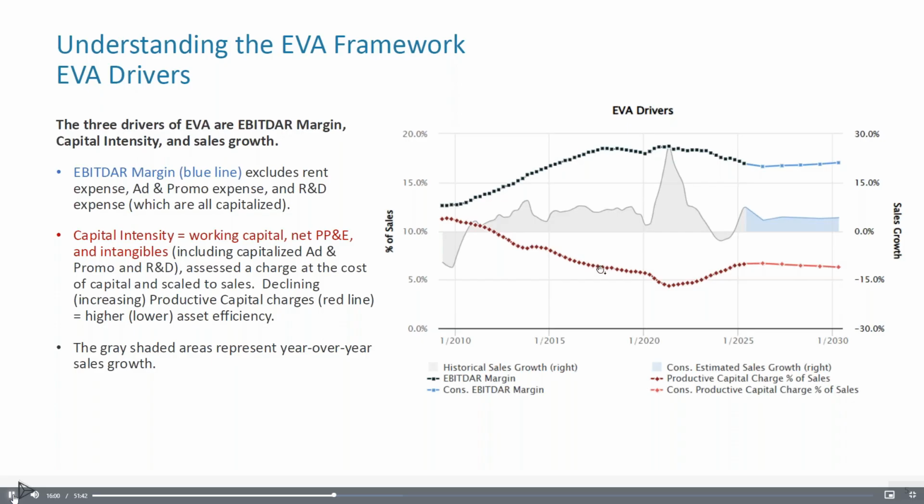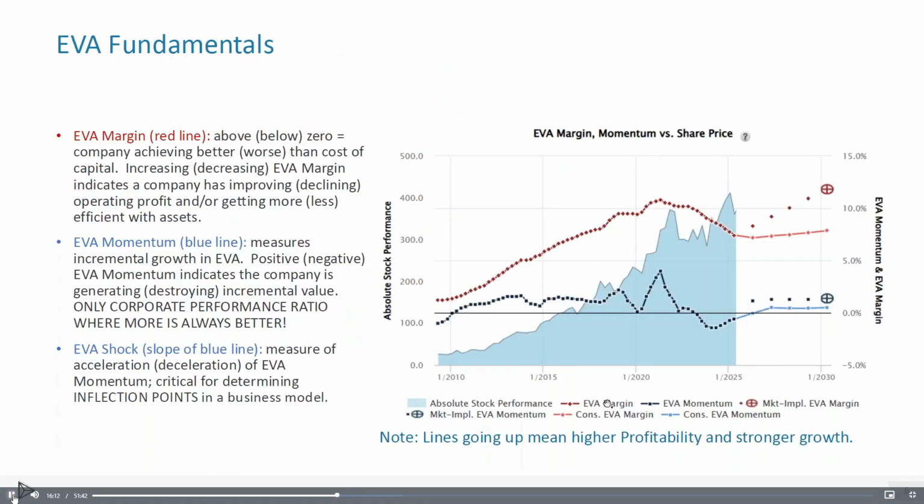So we congratulate management in pulling all three of those levers, driving really strong EVA drivers, which if we go forward to the next slide, we'll see what that means from pulling that together in the EVA fundamental picture.